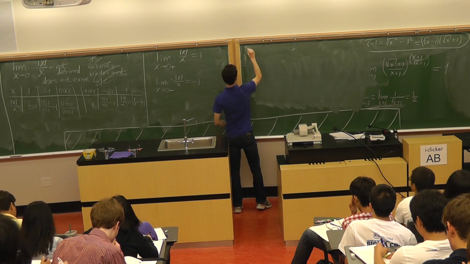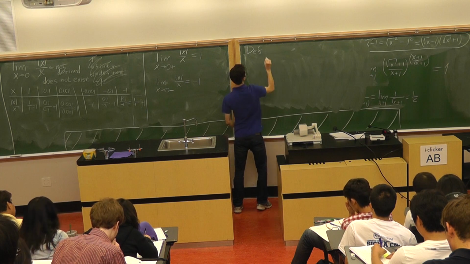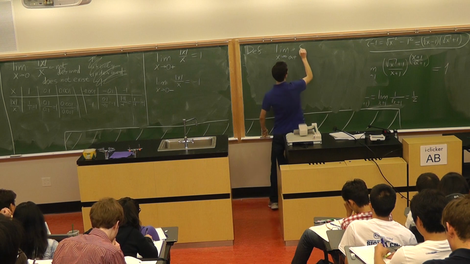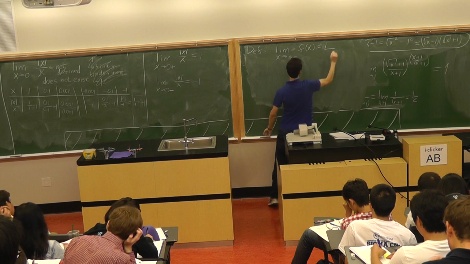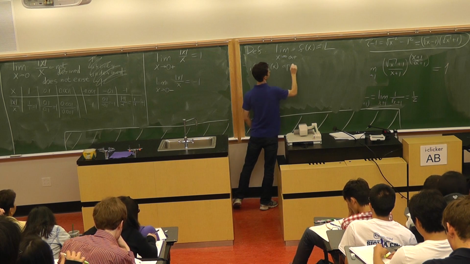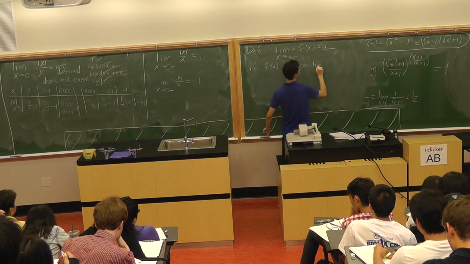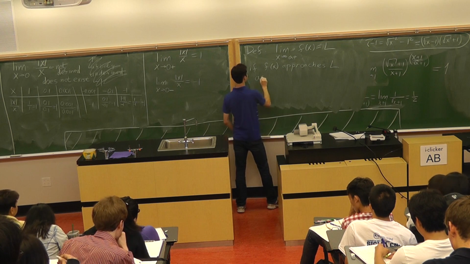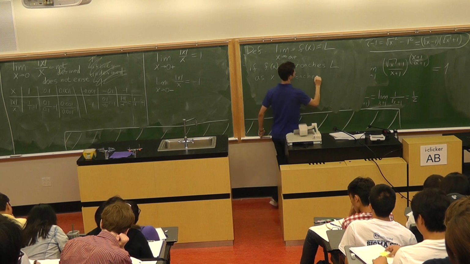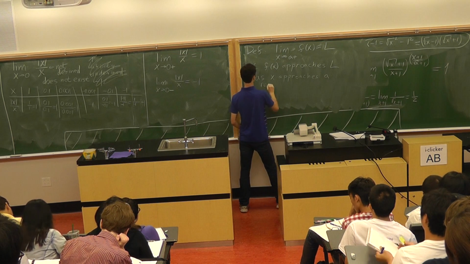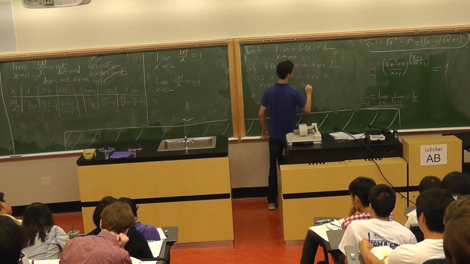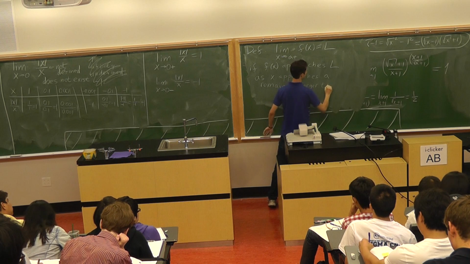Definition: the limit as x tends to a from the right, a plus, of f of x is some number L if f of x approaches L as x approaches a while remaining larger than a.